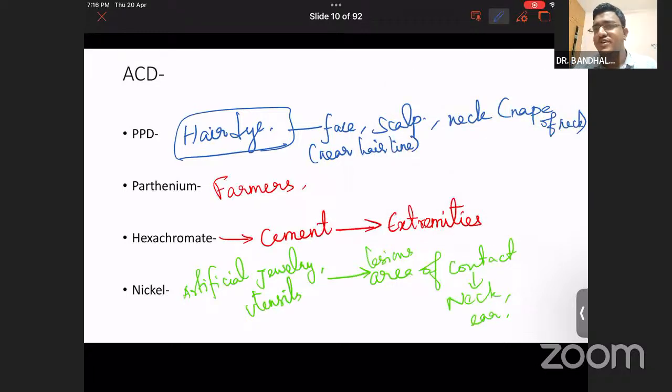Some other points you should know: these are basically allergic contact dermatitis, which is a type 4 hypersensitivity reaction. That you should remember.